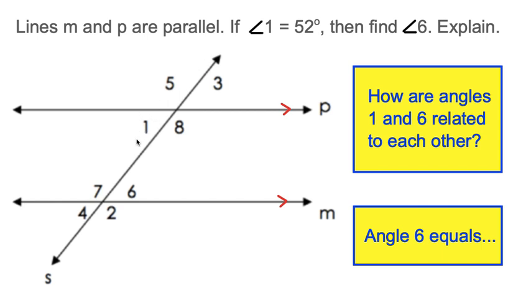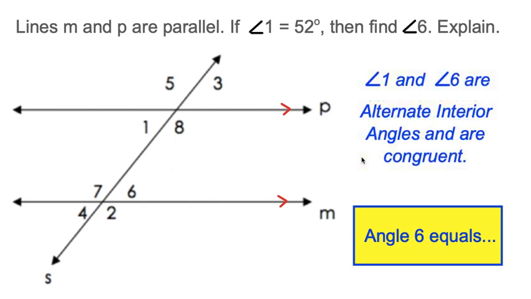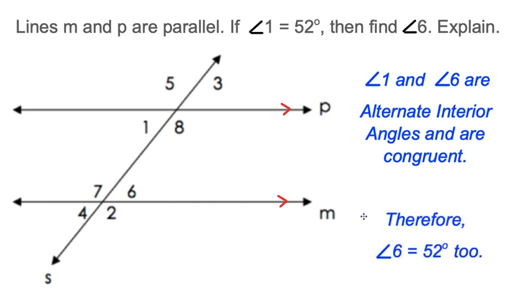So what is the relationship between angles 1 and 6? What did we just finish discussing? I hope you were thinking that they are alternate interior angles, and you just learned that they are congruent, and congruent means the same. So therefore, angle 6 will also be 52 degrees as well.